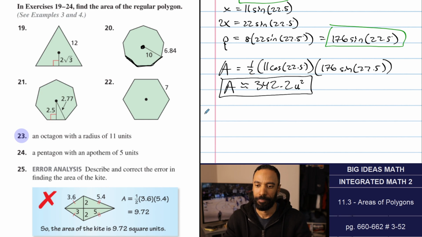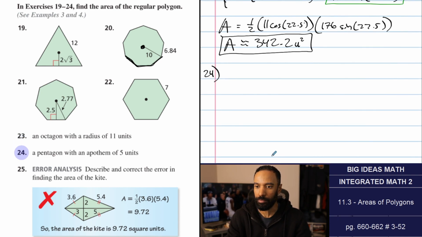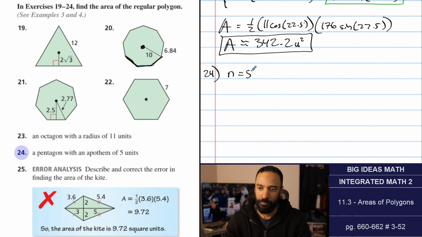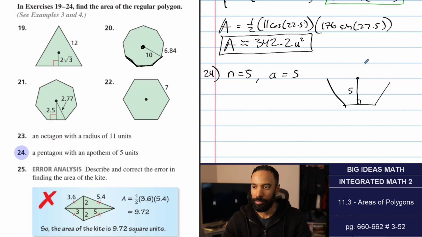Number 24. A pentagon with an apothem of 5 units. Okay. Pentagon. Apothem. Let's draw that bottom part again. Here's our apothem. A pentagon has a central angle of 72 degrees.